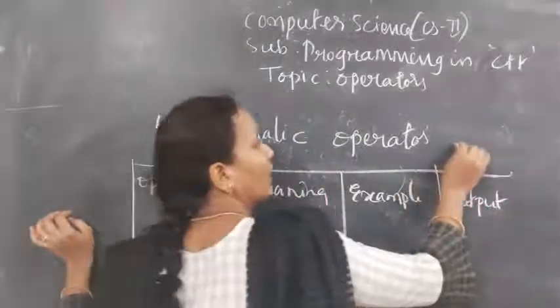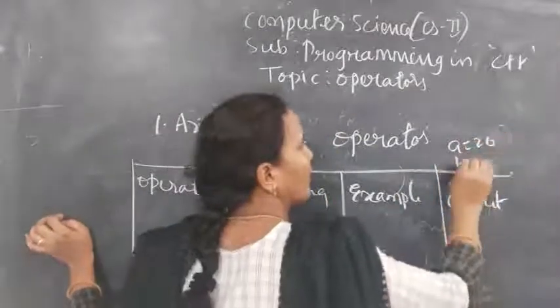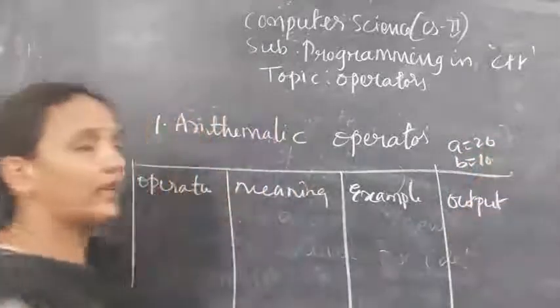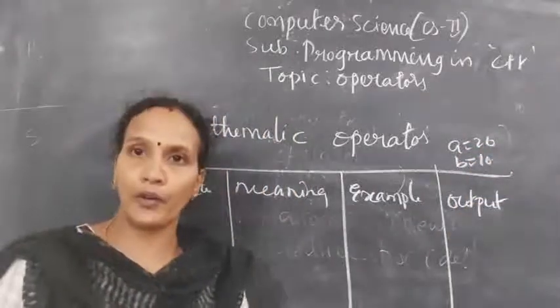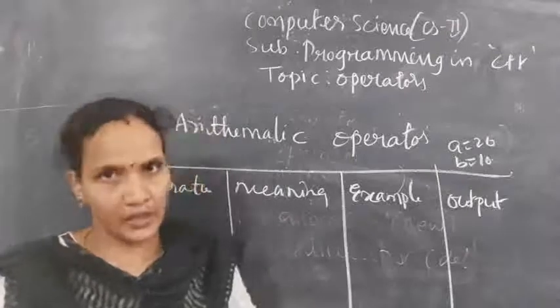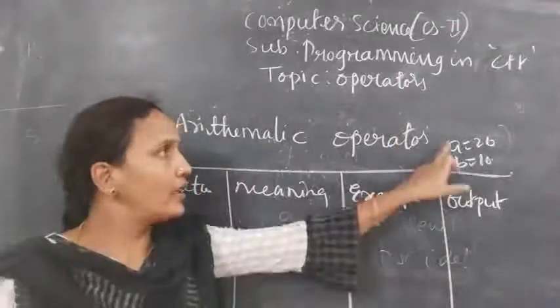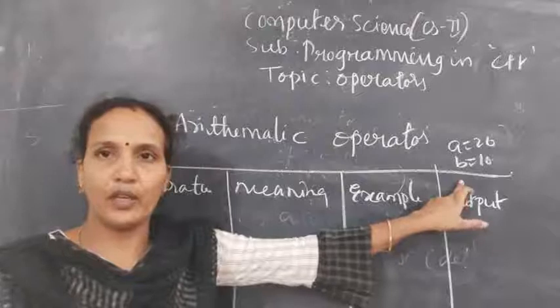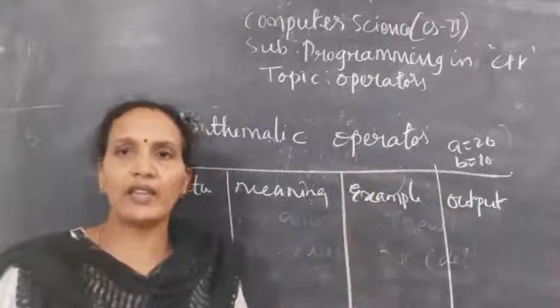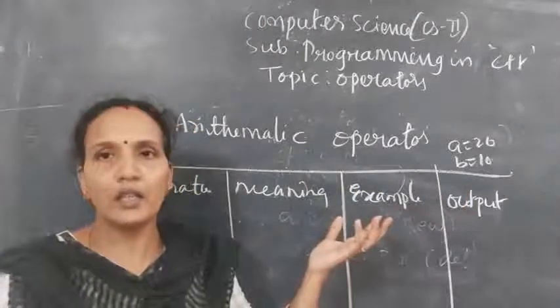Here A value equals 20, B value equals 10, because as already said, operators are used to perform arithmetic or logical operations on operands. So here I am taking two operands. If operands are there, then only I can give the example and the result.